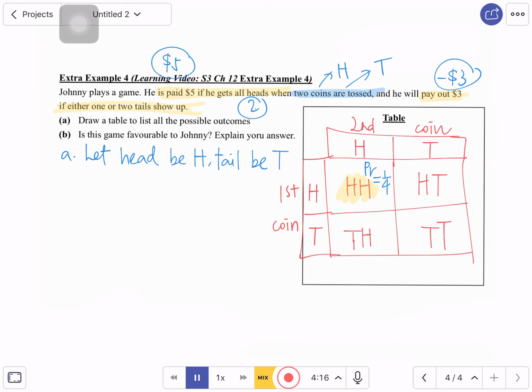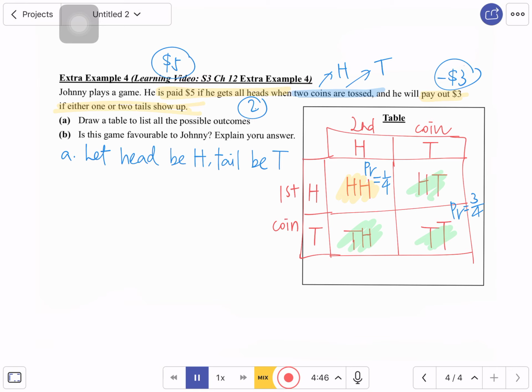And then if either 1 or 2 tails show up, it just means the remaining cases that I highlight in green, either 1 or 2 tails show up. So for the remaining cases, the probability actually is 3/4.